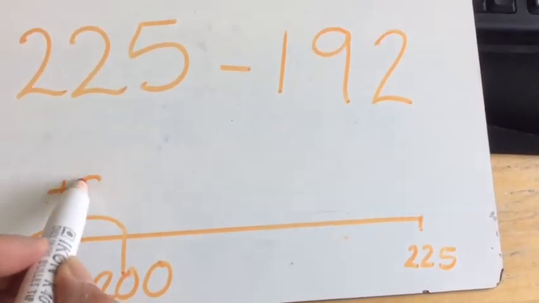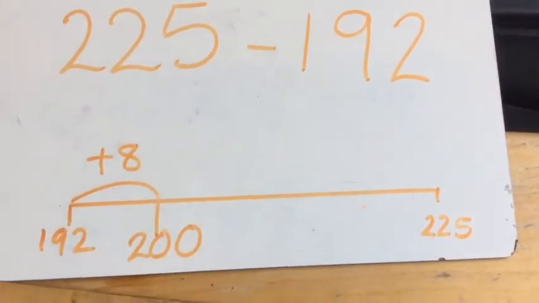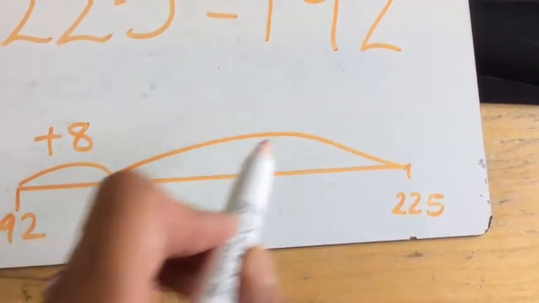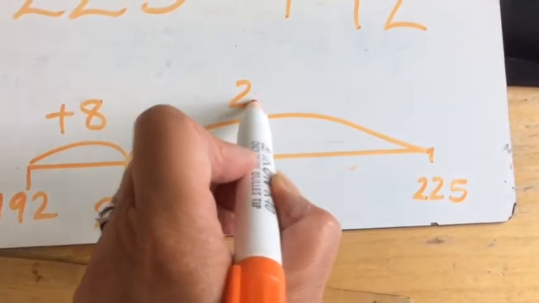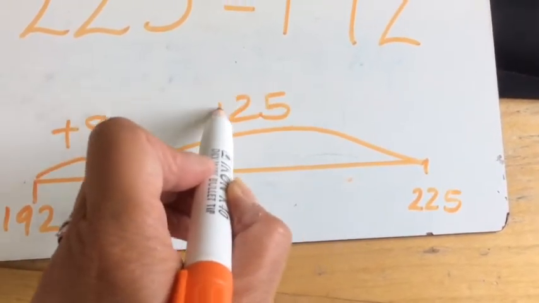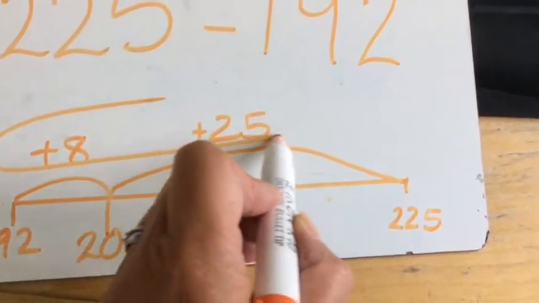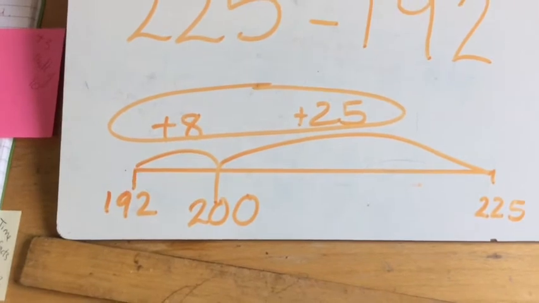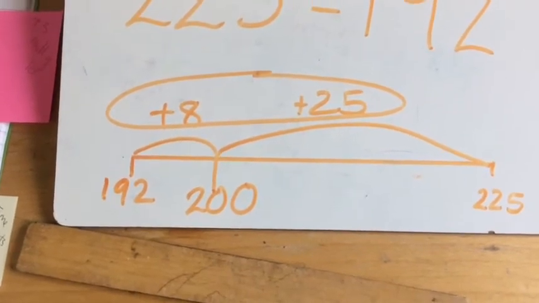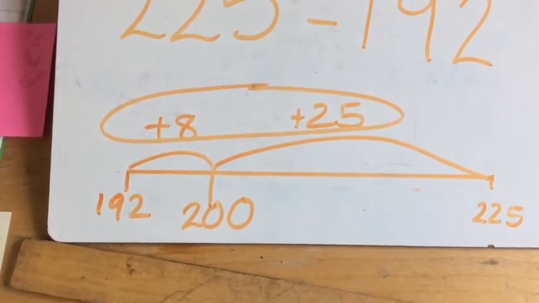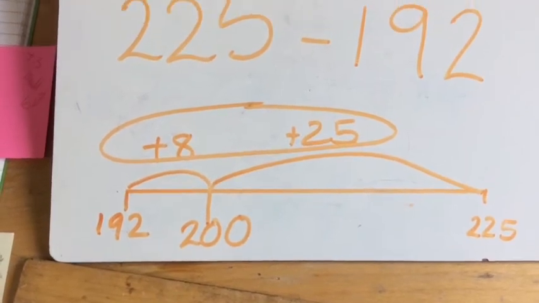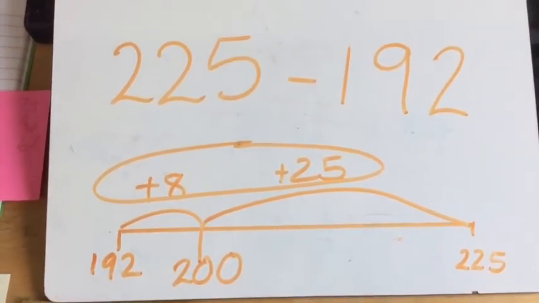So that must be 8 as well. And then to get from 200 to 225, easy, just add the 25. And now you need to think what that makes. 25 plus 8. What's the answer? Write it down for me and then stop the video.